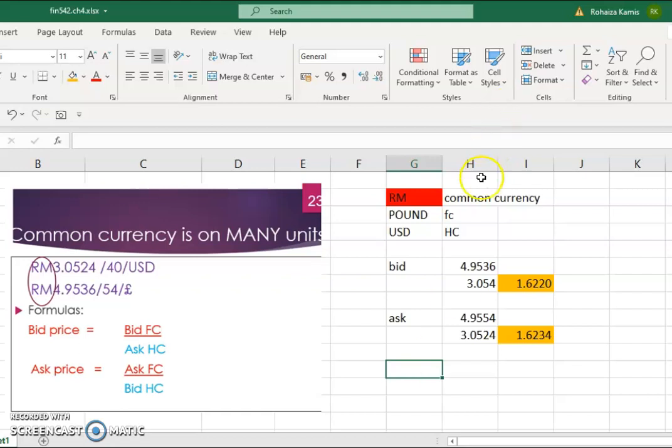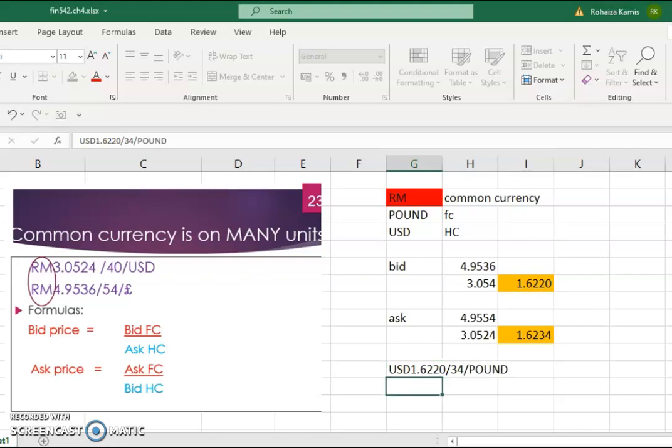Since I know that my home is USD, I get the answer starting with 1. I know that USD is weaker than the pound, so it is supposed to be more than 1. So I write again: USD 1.6220 slash 34 slash pound.